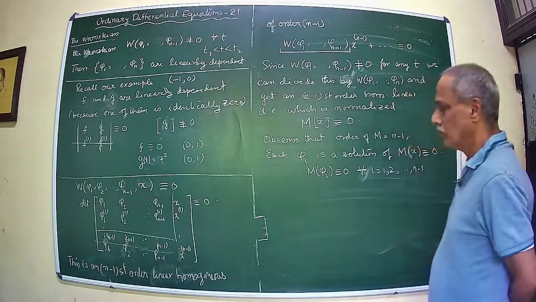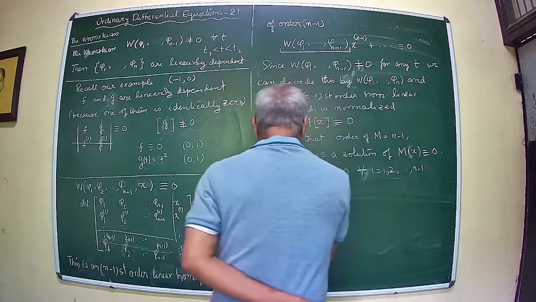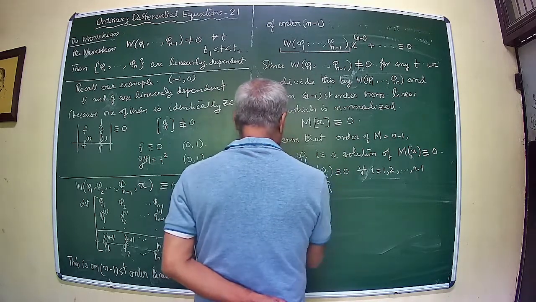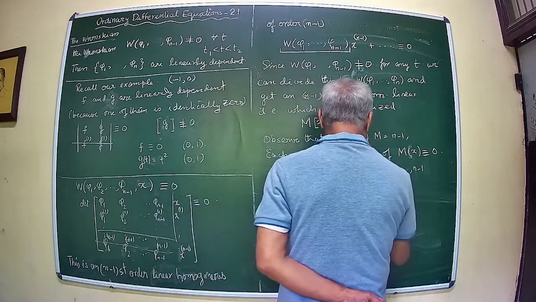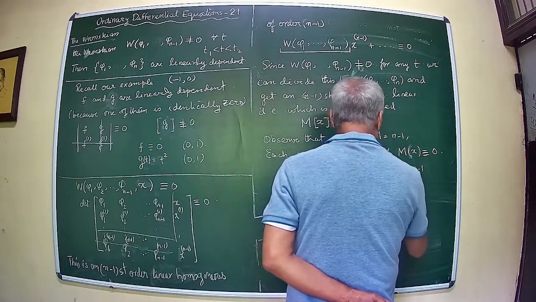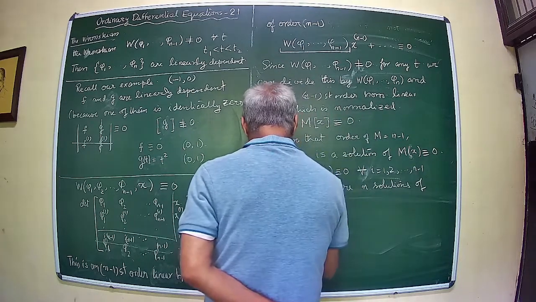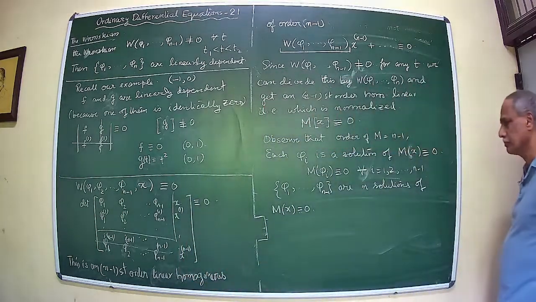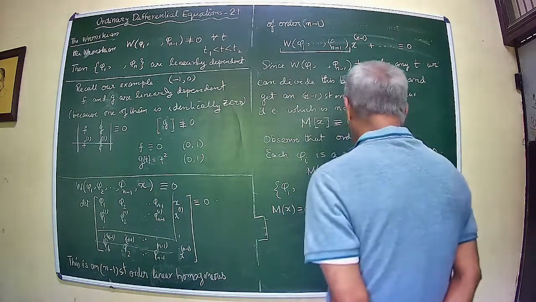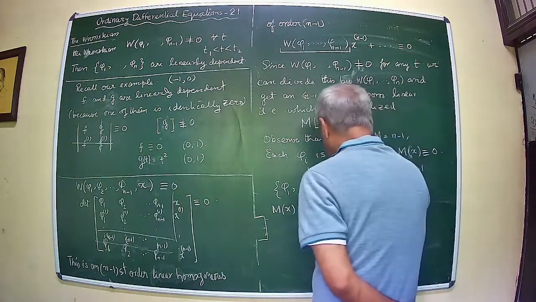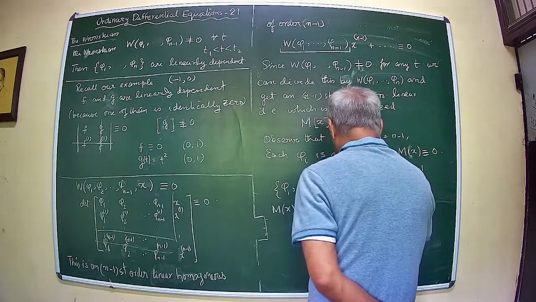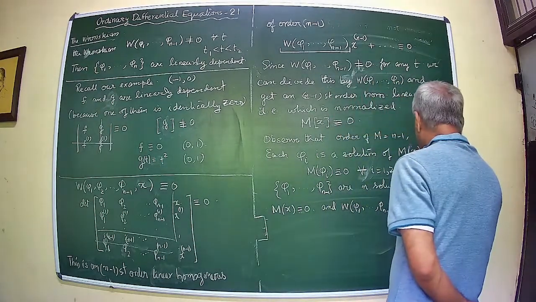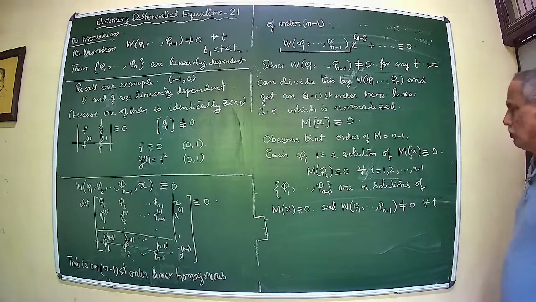Okay. What do you infer about this? So phi 1, phi 2, up to phi n minus 1 are solutions of the equation mx equal to 0, and having the property that the Wronskian is not equal to 0. What does this mean?